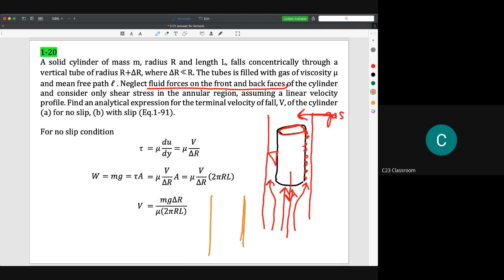This is the moving cylinder. Then a molecule here will have this kind of velocity distribution. This velocity distribution is linear, meaning it is just a straight line. However, in this question, they ask us to calculate both the no slip condition and the with slip condition. That is the idea of this question.